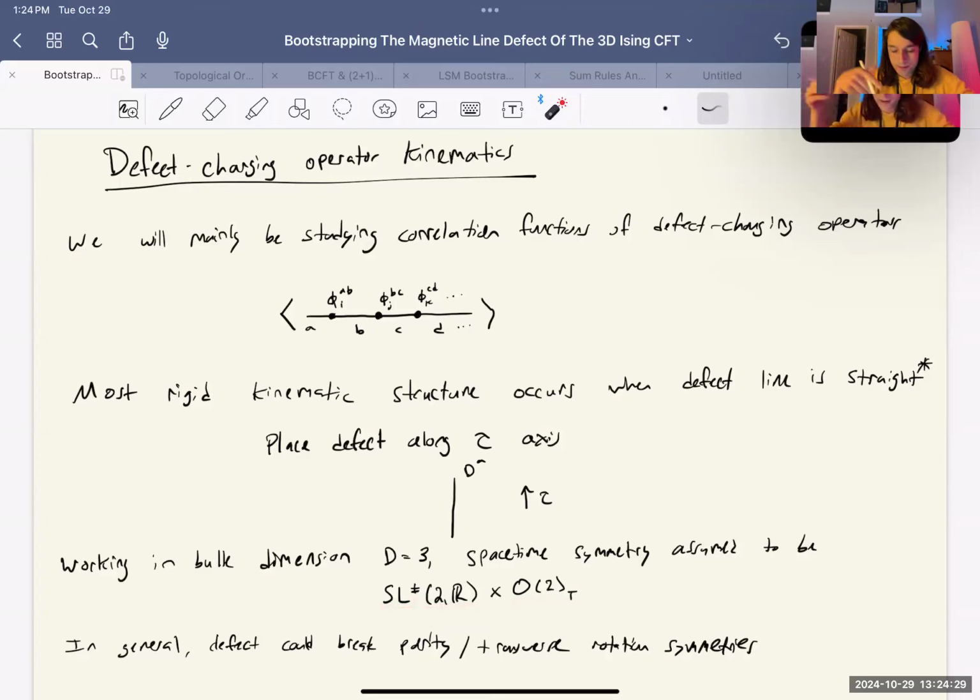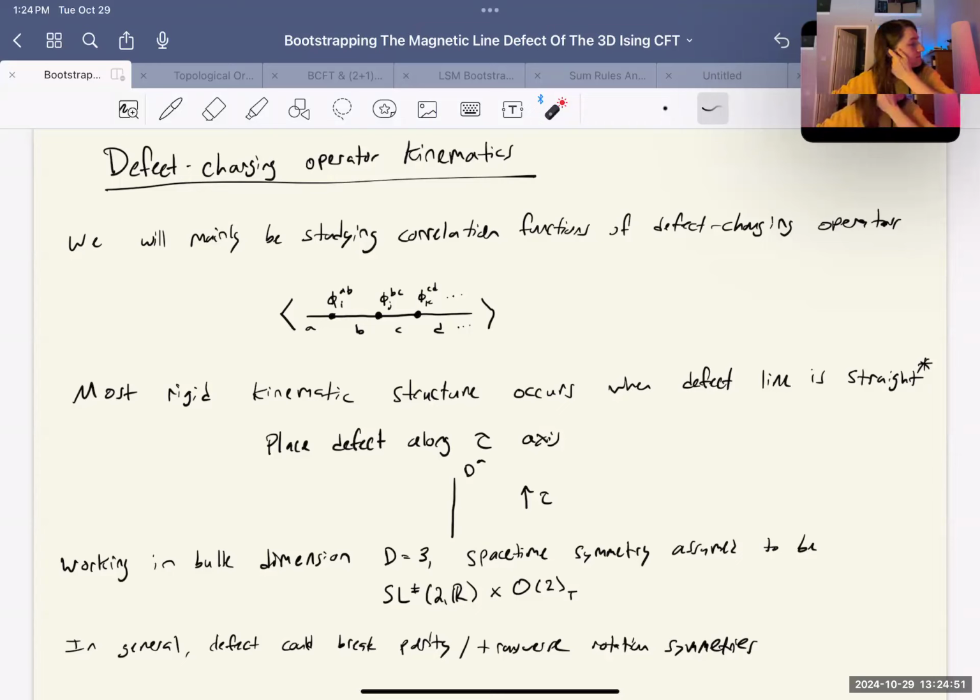The determinant -1 transformations will be the ones which reflect the time coordinate, this tau coordinate here. You could also consider defects that break any of these parity symmetries, which I think would be pretty interesting to study.